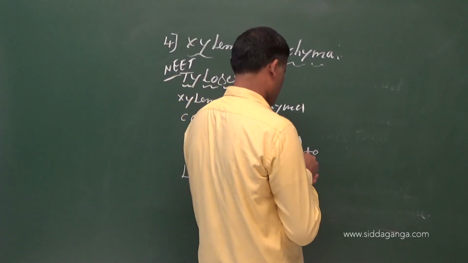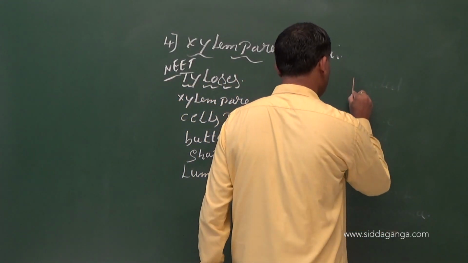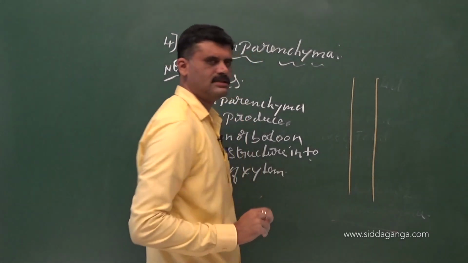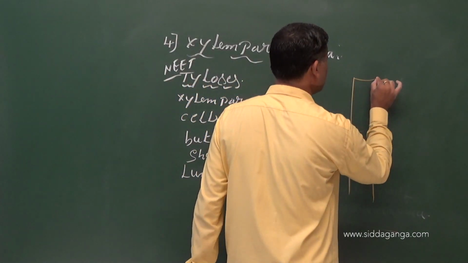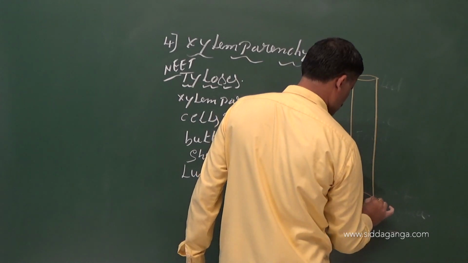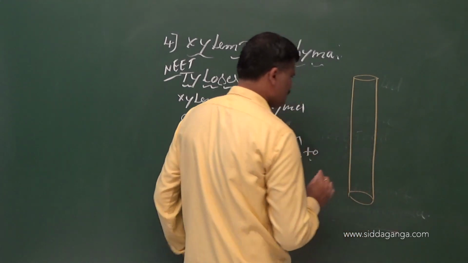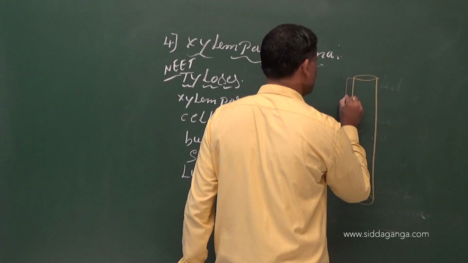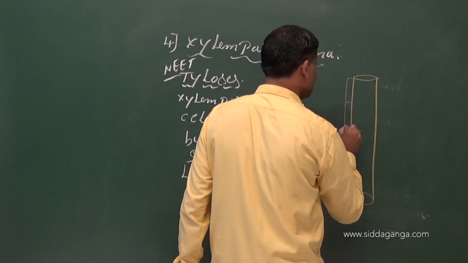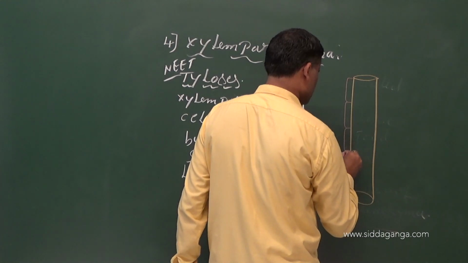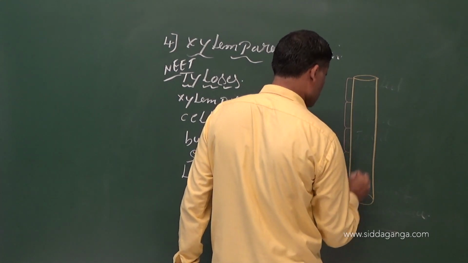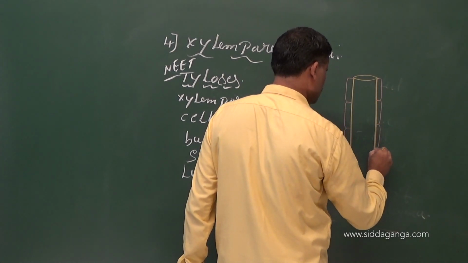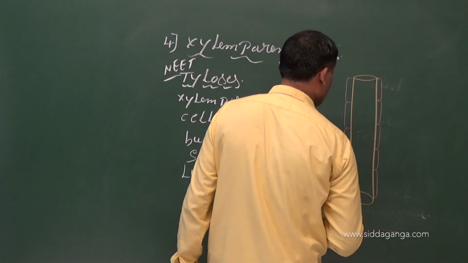So see here, this is the xylem. In older xylem vessels, the parenchyma cells associated with the xylem are called xylem parenchyma. This is the xylem parenchyma.